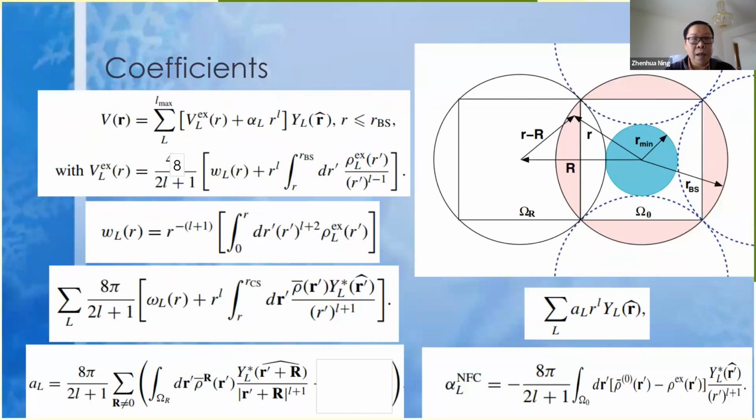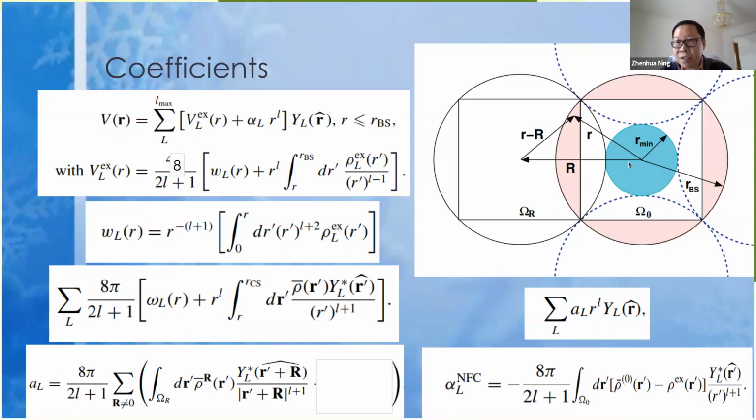The first observation is that by extended charge density, the Coulomb potential should be of this form, and inside the R min region, they write the Coulomb potential by this form, the intercell contribution by this form, where the coefficient AL is given by this equation.